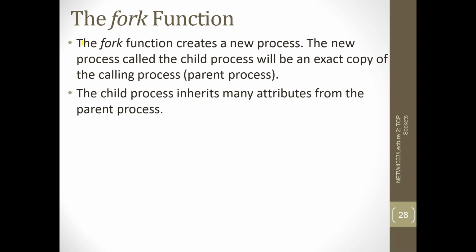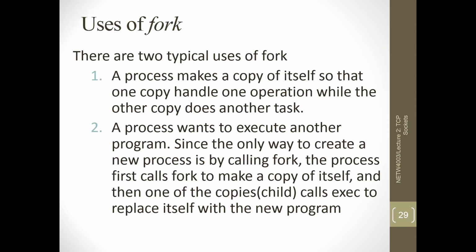The purpose of the fork function is to create a new process, which becomes the child process of the caller. The child process inherits many attributes from the parent process, but each child process will have a unique process ID. Typical uses of fork include a process making a copy of itself so that one copy handles one operation while the other copy does another task.